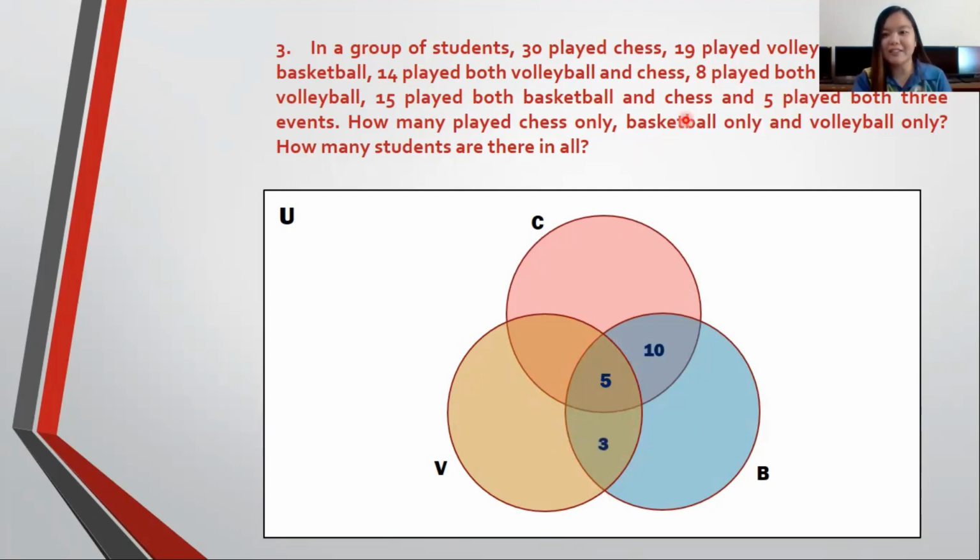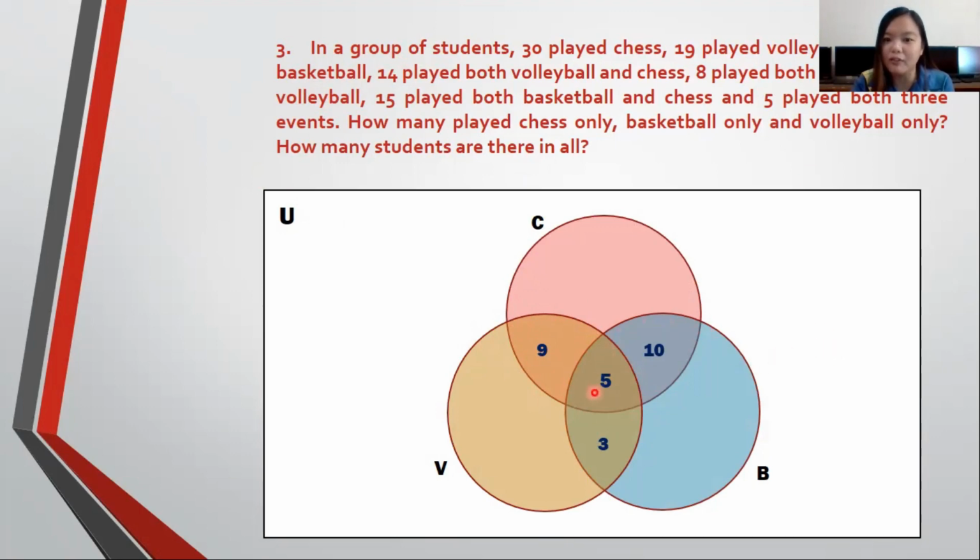So, check the given. Next, 14 played both volleyball and chess. So, dito yun. There are 14. But since there is already 5 there, 14 minus 5, you have 9. So, 9 plus 5, 14.